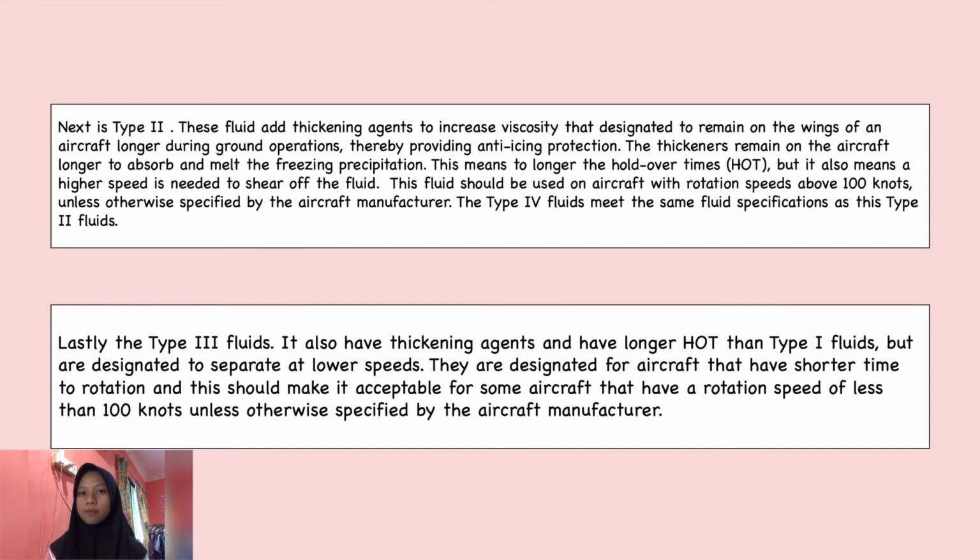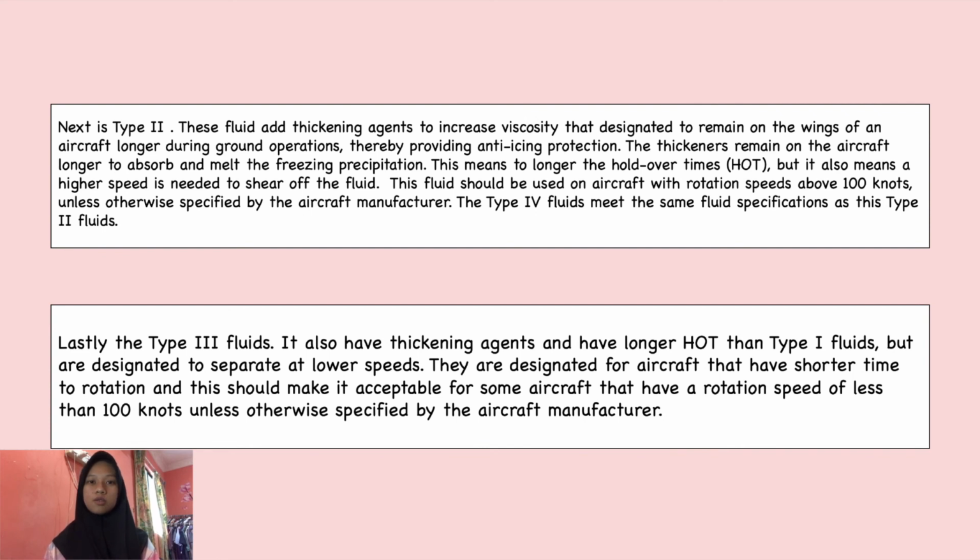Next is Type 2. This fluid adds thickening agents to increase viscosity, designed to remain on the wings of an aircraft longer during ground operations, thereby providing anti-icing protection. The thickness remains on the aircraft longer to absorb and melt the freezing precipitation.